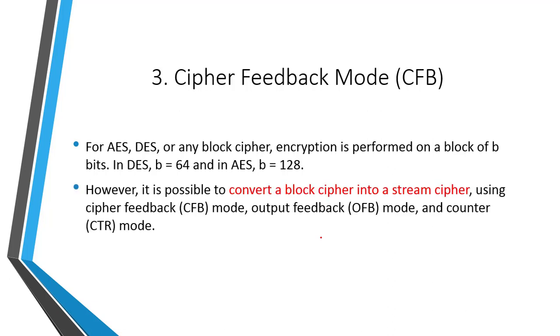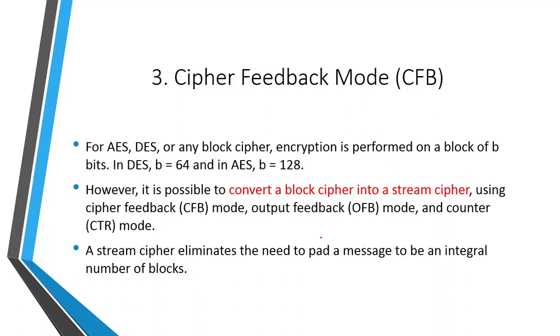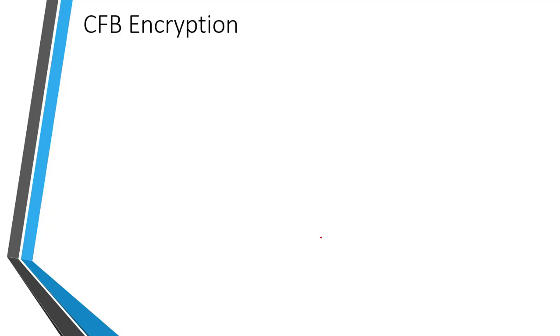However, it is possible to convert a block cipher into a stream cipher using the cipher feedback mode, output feedback mode, and counter mode that we are going to see now. First of all, we will see cipher feedback mode, because a stream cipher eliminates the need to pad a message to be an integral number of blocks.